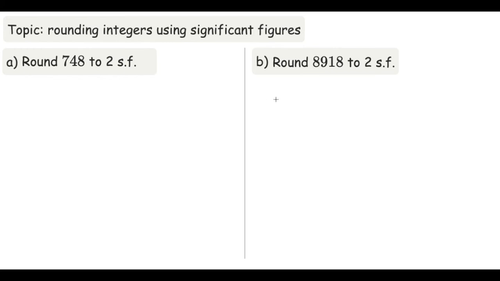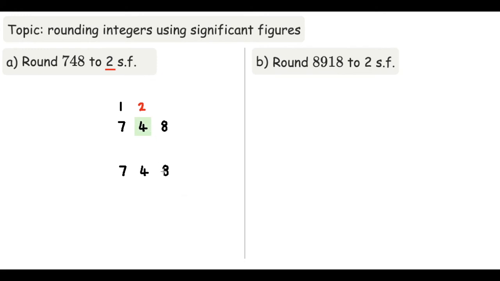Here we've got a couple more questions. And what do you notice about the question? Well, we're rounding now to two significant figures. So we're going to have to do a little bit more work to work out how to round these numbers. So here in 748, well, we know the 7's the first significant figure because it's this first digit. And so this 4 is the second significant figure, and that's the one we're interested in.